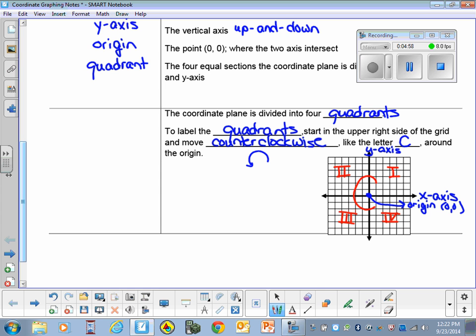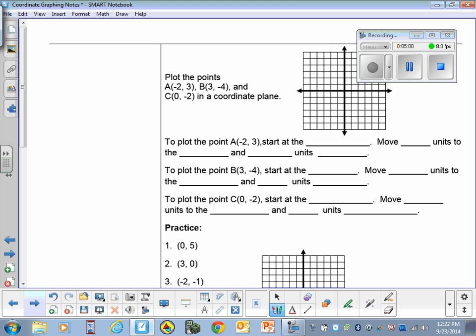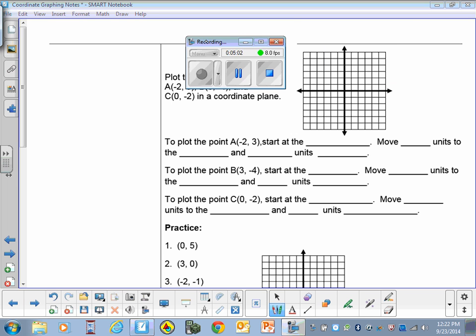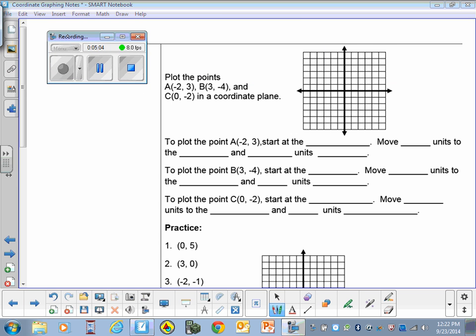Now, actually plotting points on the coordinate plane, and I've got 3 points for us here to plot. To plot the point A at -2, 3, start at the origin. So I'm going to start here at the origin of my graph. I'm going to move 2 units to the left because the left side of my number line is negative.